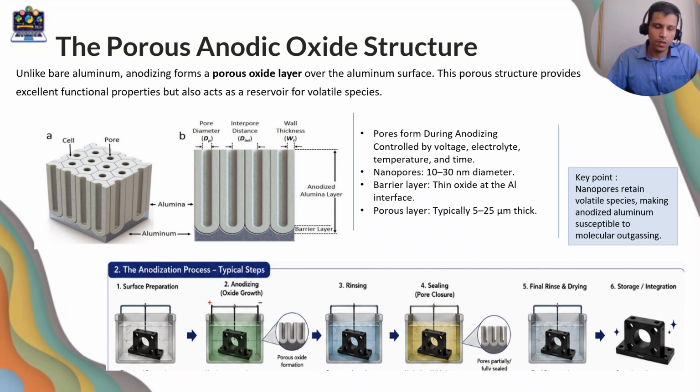It's a honeycomb structure. It has pores and also a barrier layer which builds up during anodization. The image looks big, but actually they are very tiny nanopores, around 10 to 30 nanometers in diameter, and the thickness of that porous layer can be even 25 microns.